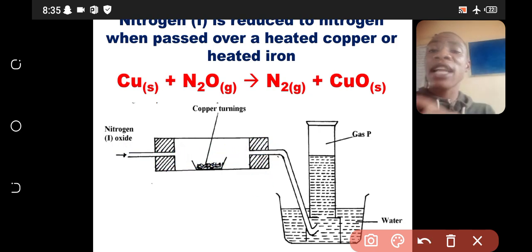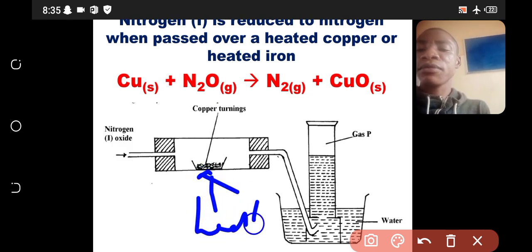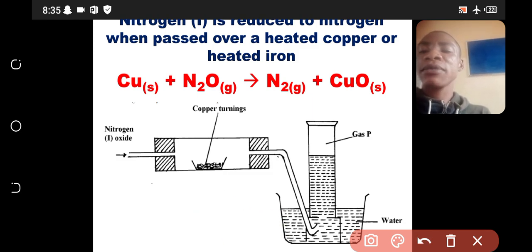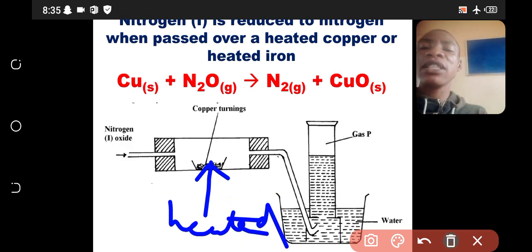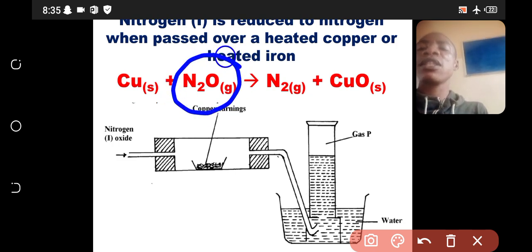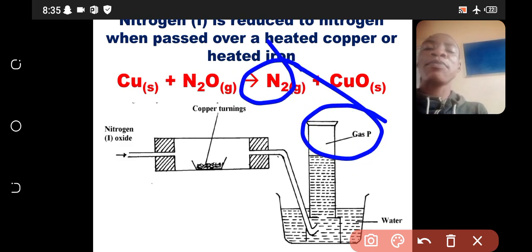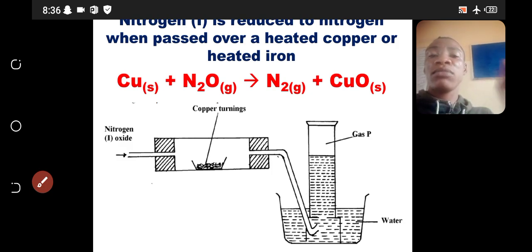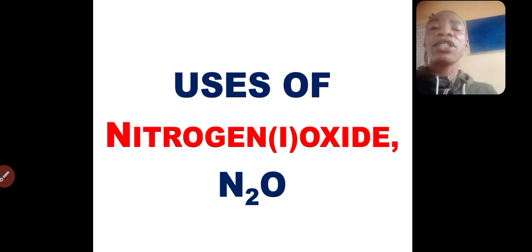So as the nitrogen 1 oxide gas enters into the combustion tube, it reacts with the copper turnings that must be heated continuously. As it's being heated, what happens is that it produces N2 gas, which is collected as gas P in this diagram. So basically it gets reduced by heated copper into nitrogen gas.